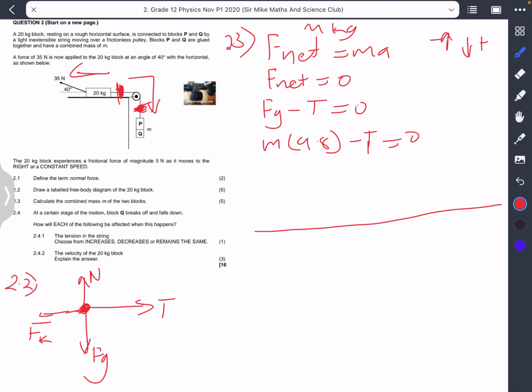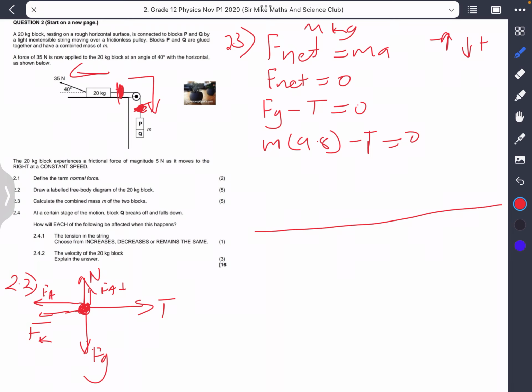Now, if I resolve that 30 Newton force, I would have FA perpendicular, and I would also have FA parallel.